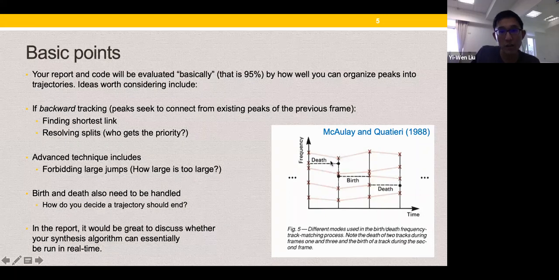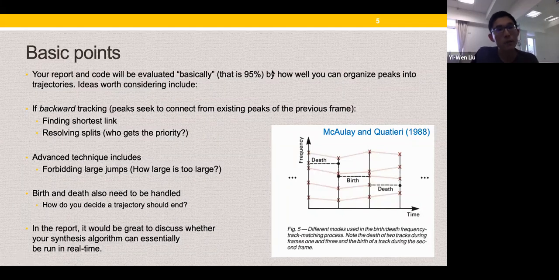So this connection, peak continuation, can go backward and forward. In trajectory formation, the basic idea is that the trajectory does not contain any fork, no forking. So you need to somehow resolve the splits and set a rule for who gets the priority for continuation.